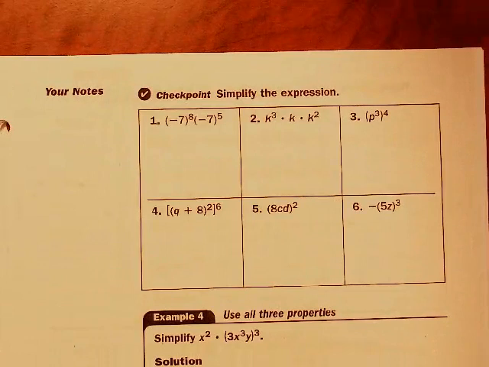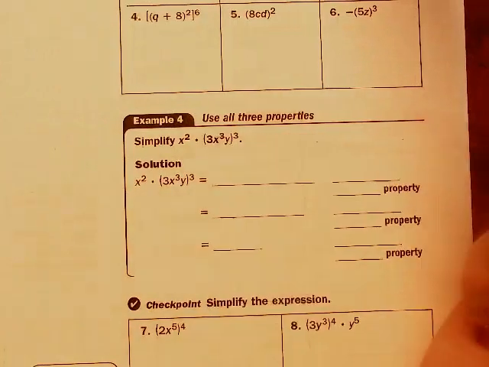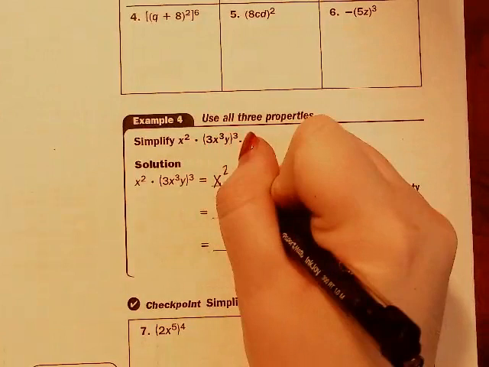Okay. Example 4. Use all three properties. So x squared stays there, and now I'm going to distribute my cubed here to everything.